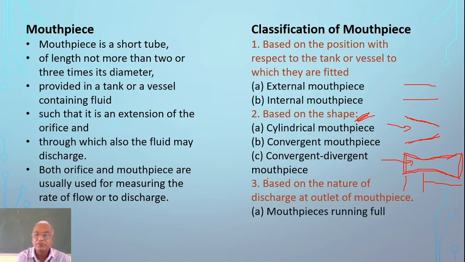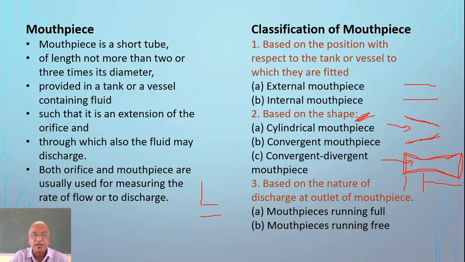Now based on the nature of the discharge at the outlet of the mouthpiece, that is mouthpiece running full, then mouthpiece running free. The meaning is like this: mouthpiece running full in the sense that suppose there is a mouthpiece like that, and on this side you have standing water, and when the water comes out, if it is touching the mouthpiece superficially and then comes out with area equal to the area of the mouthpiece itself, it is running full.